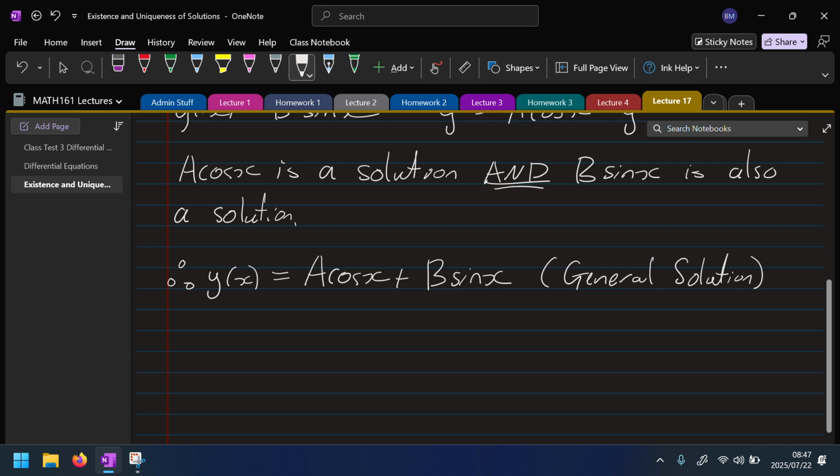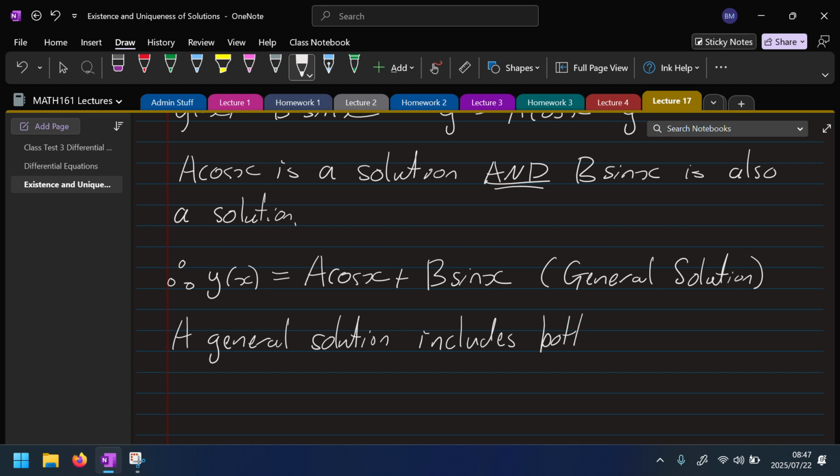Okay, so a general solution includes both. Okay, and this might be a new word to you. I don't know if you covered this in Math 132. Includes both linearly independent solutions. Did you cover that in Math 132?